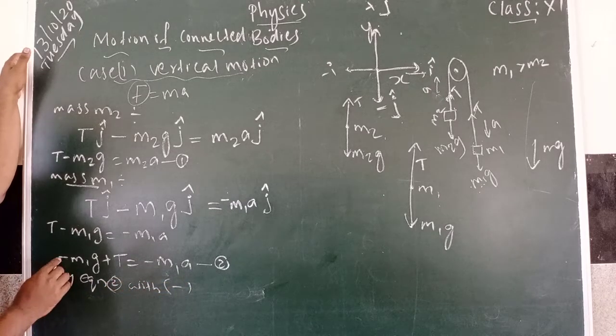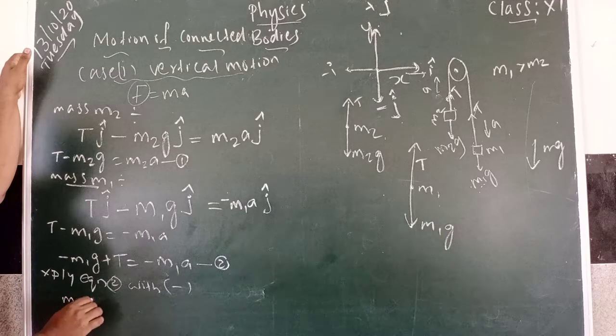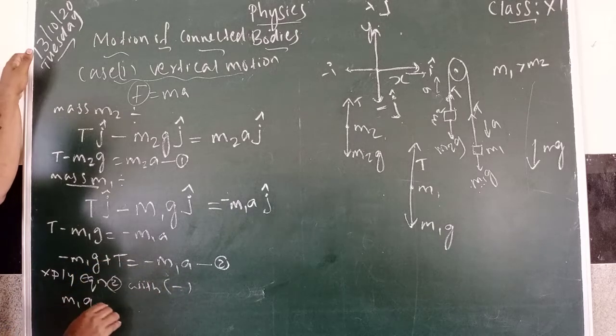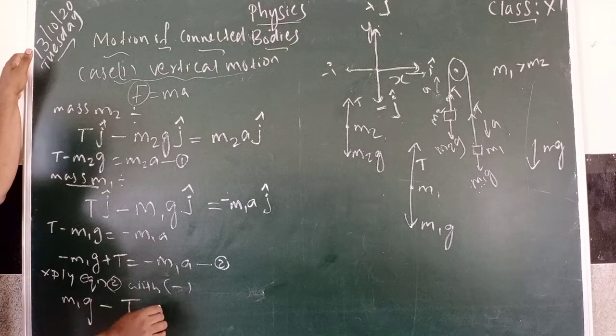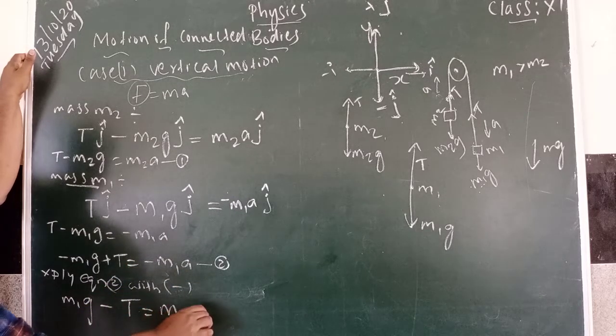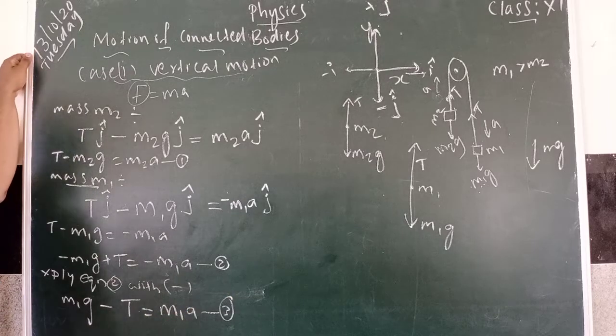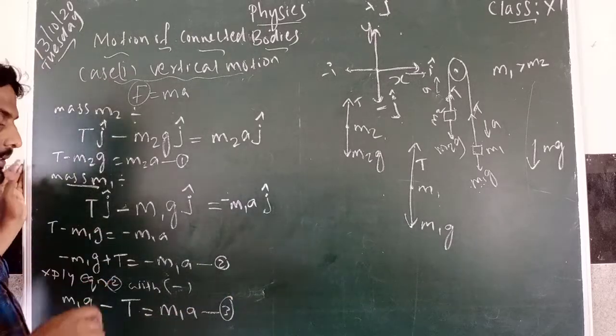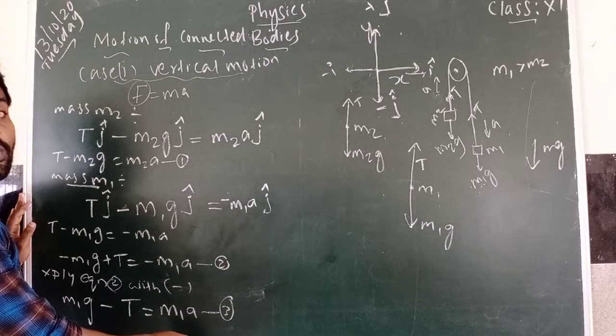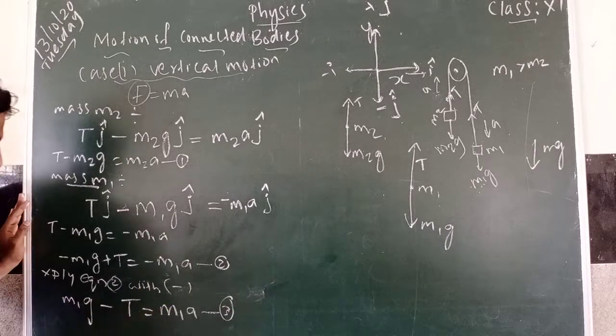So minus into minus plus M1G, minus into plus minus, so minus T equal to minus into minus plus M1A. This is equation 3. Now you can add the equation 1 and 3.